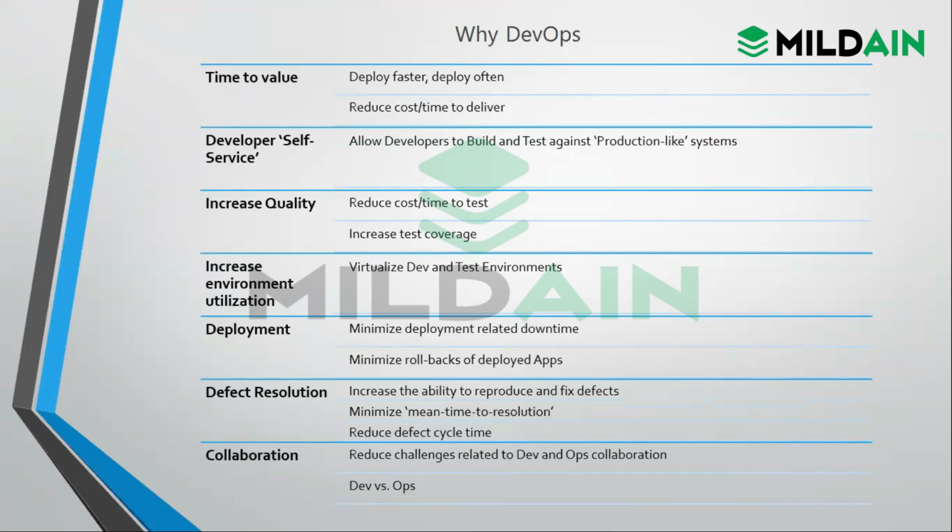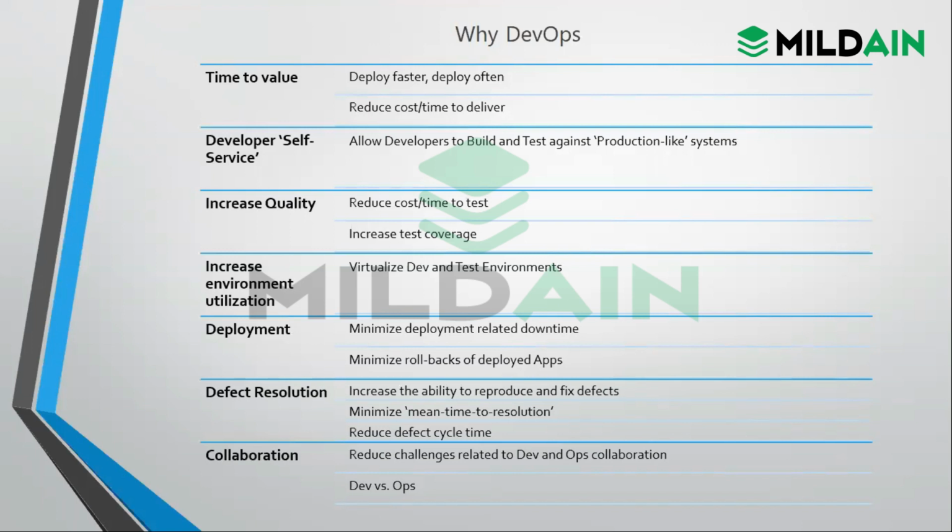Earlier, in the pre-DevOps stage, whenever there was a new deployment, the application would go down, the deployment was done, and then it would come back up. But in the present scenario, this is not possible. People want that, as in Facebook, new features are coming but there is no downtime. This is zero downtime. So that's why time to value, deploy faster, deploy often.